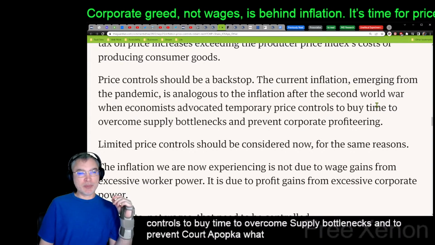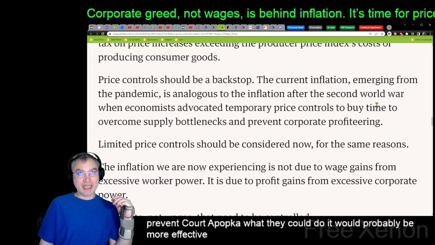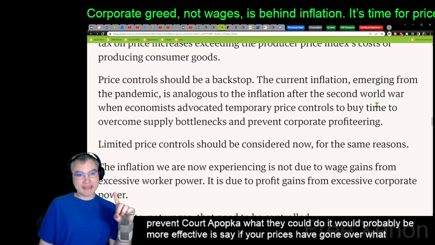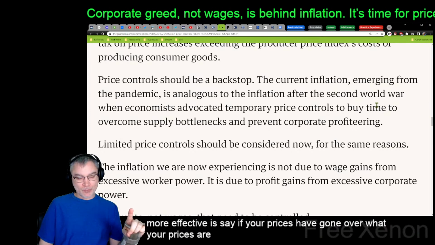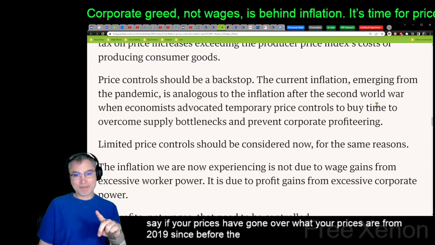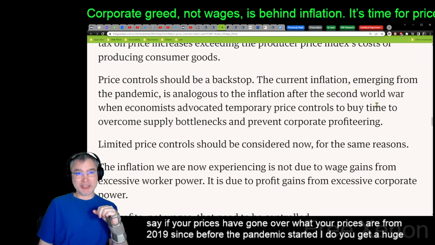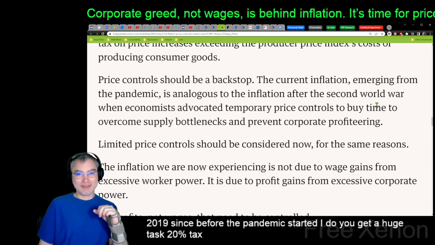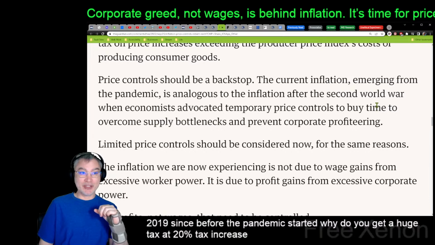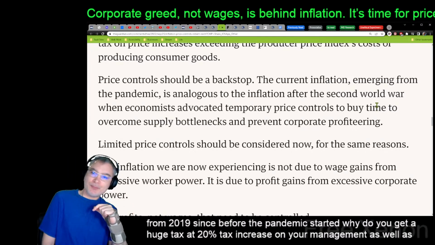What would probably be more effective is, say, if your prices have gone over what your prices were in 2019, since before the pandemic started, you get a huge tax, like a 20% tax increase on your CEO and your upper management, as well as the businesses too.